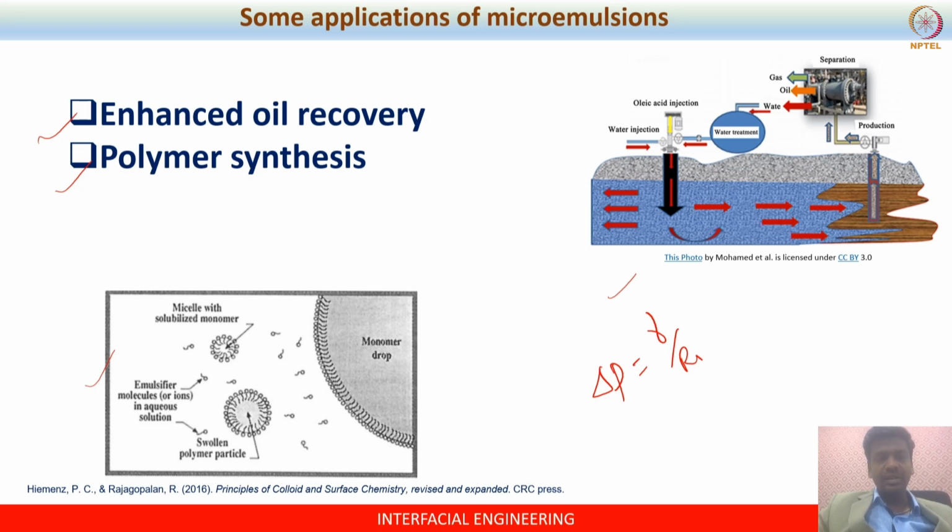Since the reaction occurs within this droplet, and since we talk about microemulsion, the droplet size will be very, very small. So we expect the polymer molecule also to be less than 100 nanometer, or typically between 100 to 200 nanometer. In this way, emulsion polymerization can be effectively utilized by combining microemulsion concepts.